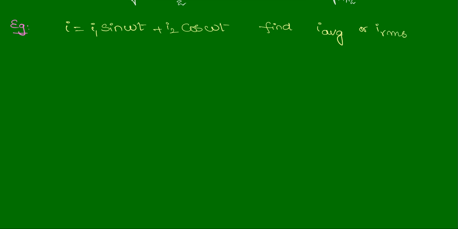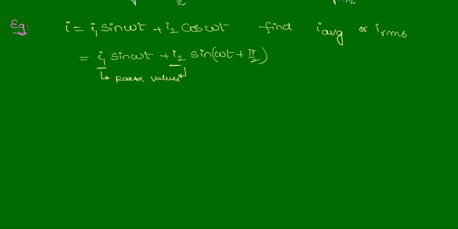In that case, we can write the same equation like this: I1 sine omega t plus I2 sine of omega t plus pi by 2. Then we can use our parallelogram law of vectors. Here there are two amplitudes, I1 and I2, which are peak values, and there is some phase difference between them. That phase difference is pi by 2.